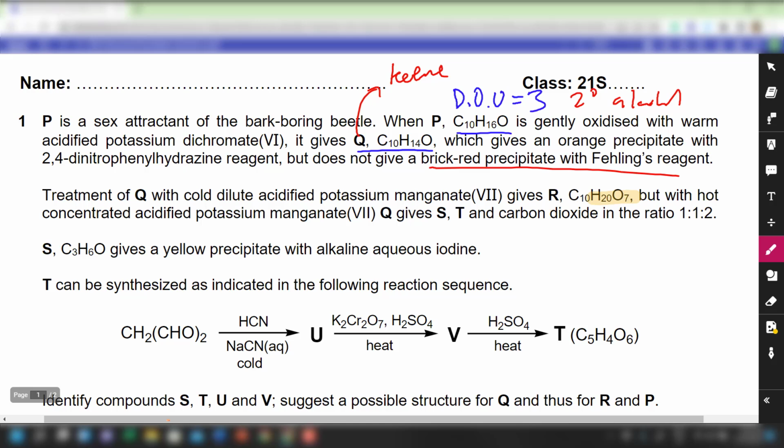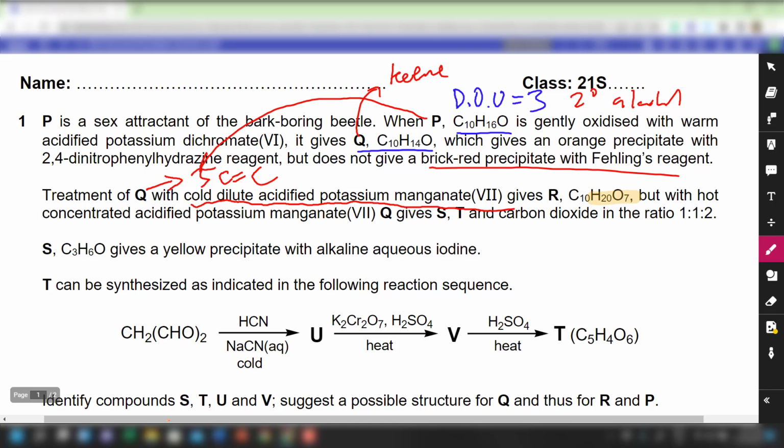If you recall what we mentioned in structural elucidation exercise 3, the cold dilute acidified KMnO4 condition gives us a clue on whether a C=C double bond is present. So we can conclude that the 3 degrees of unsaturation present in P are solely due to 3 C=C double bonds. Q contains 3 C=C double bonds, and the same goes for P.